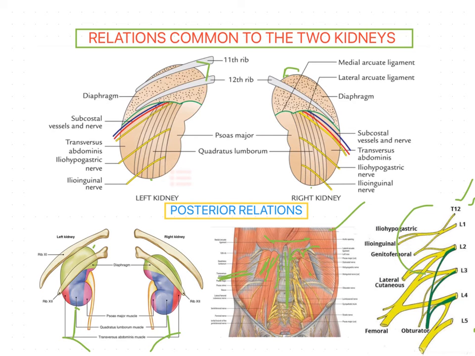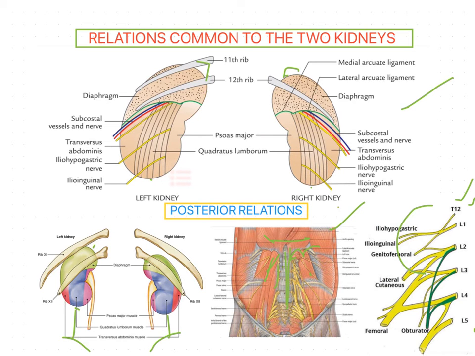All these structures on the posterior aspect are the only structures related to the kidneys on the posterior aspect. So here you can clearly observe these structures.